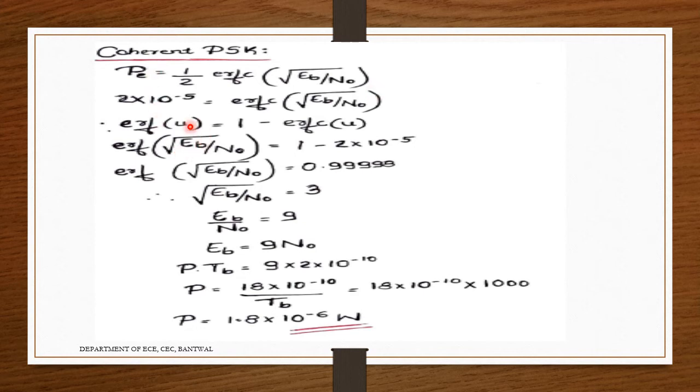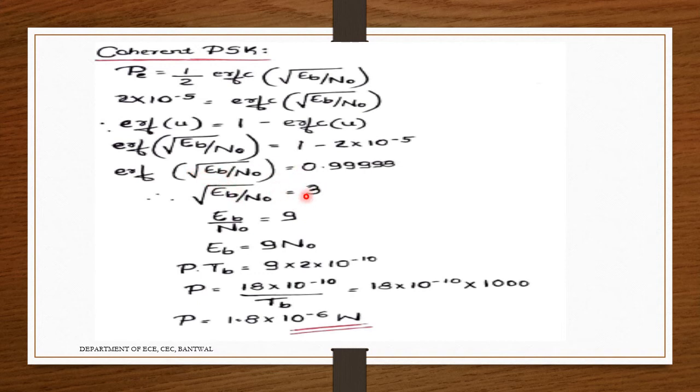So directly I will take error function of U is equal to 1 minus complementary error function of U. Error function of square root of EB by N0 is equal to 1 minus 2 into 10 to the power of minus 5. This is the value I am substituting here. So after that, U is equal to that value 0.99998, and square root of EB by N0 is equal to 3. That is the value.